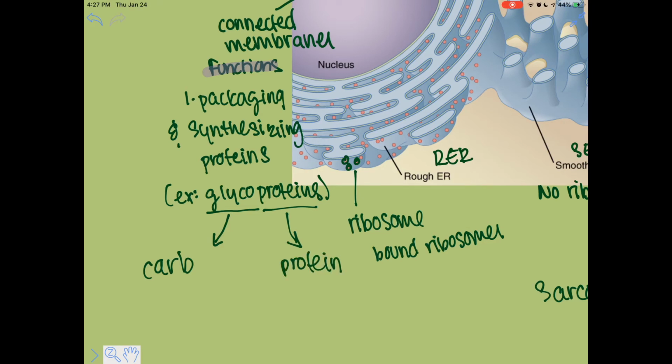So together, carbohydrates and proteins, or at least a type of carbohydrate, which is glucose, plus proteins, can be made into a compound that is usable for the composition of membranes. So glycoproteins are used in making membranes, for example, the plasma membrane.